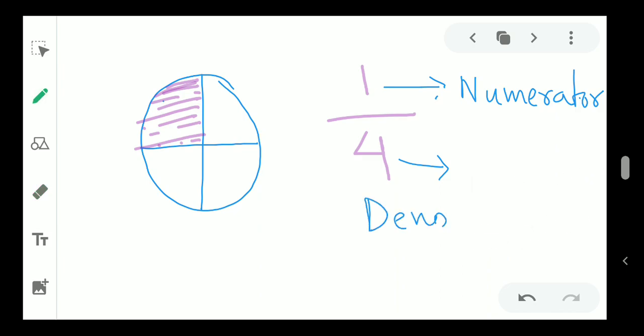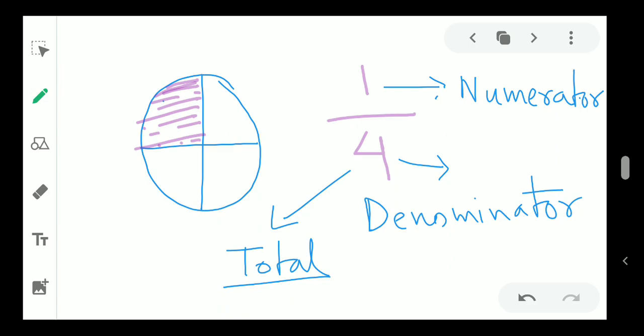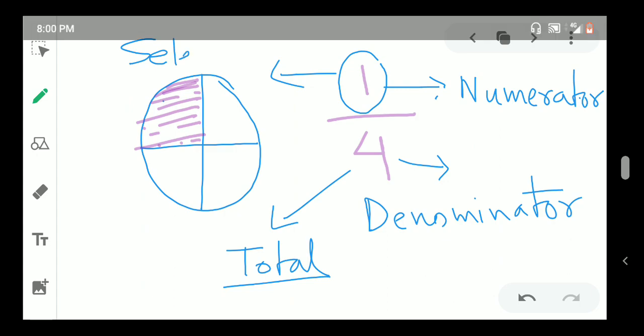This is denominator, and that is numerator. So usually denominator represents the total. See here, we have 4 pieces of this pizza, so I have written 4 downside. So denominator will always represent the total, and this one, numerator, will represent your selection.